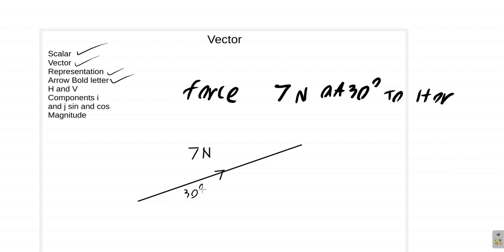Now the thing is, you want what they call the horizontal component and the vertical component. How are you going to deal with that?